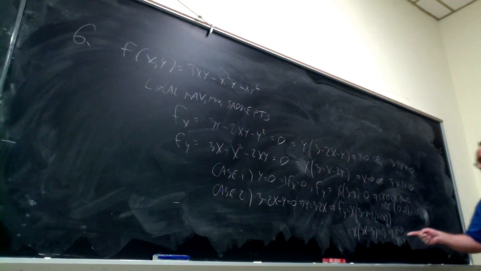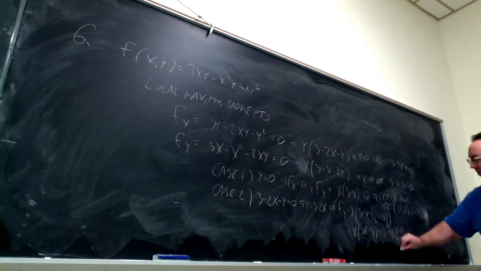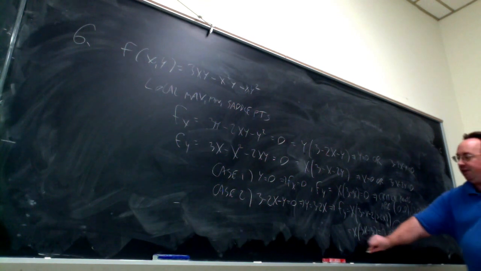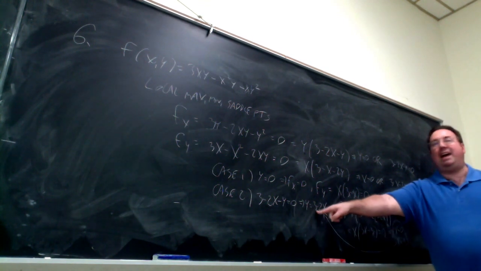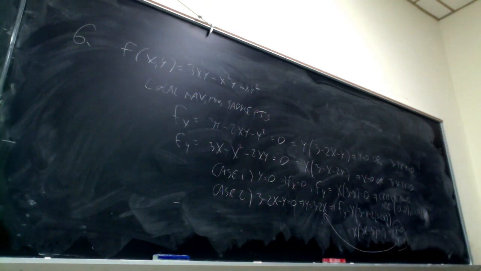So now we have values for x, you can plug that back in here, because y has to be this in order for f_x to be 0. So we go ahead and plug it in, and in this case we get 3, and in the other, y is equal to 1. So we get 2 more critical points, (0, 3) and (1, 1).